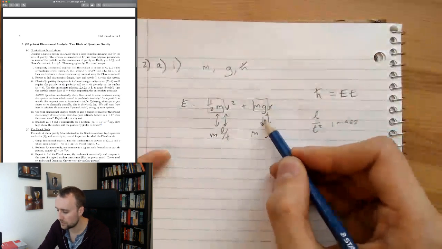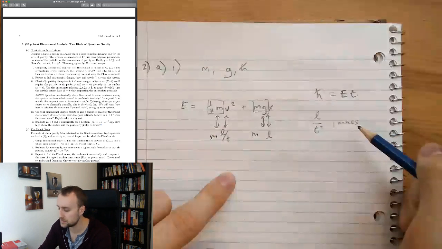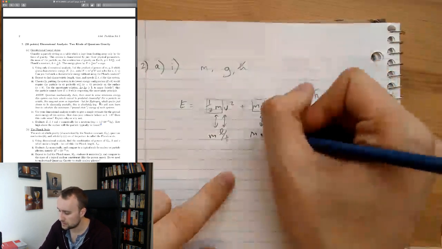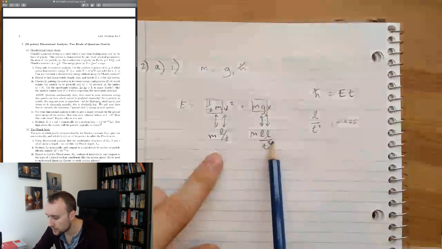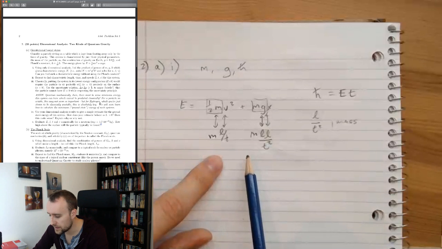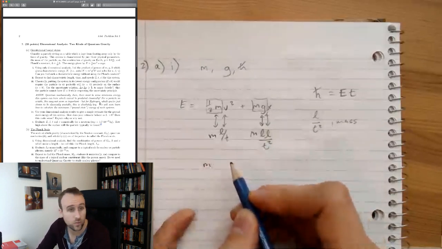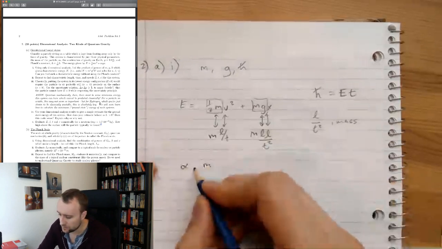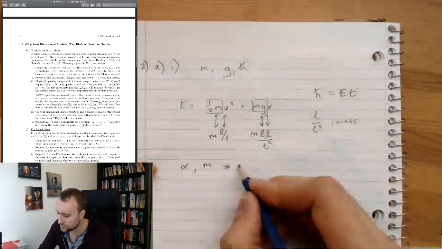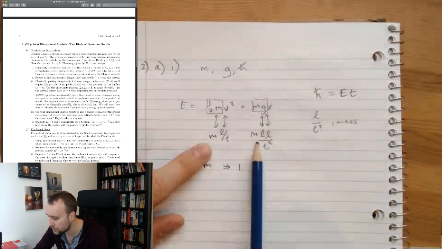And we have G, which we already figured out was length over T squared. So if we have these dimensions, that means order M should be 1. So if I'm getting this right, alpha for M is going to be 1. It should be on order 1 because we just got one mass term unless we're adding it somewhere else.